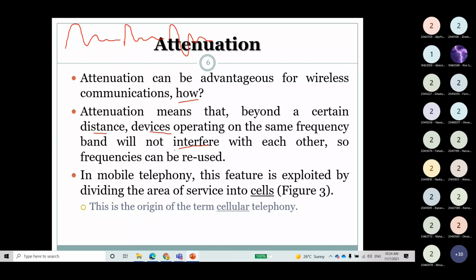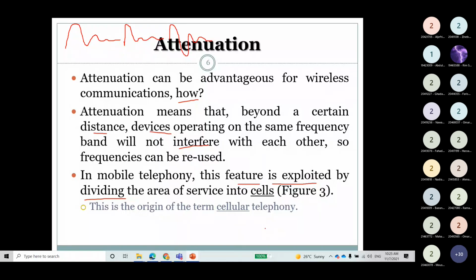In mobile telephony, this feature is exploited by dividing the area of service into cells. This is the origin of the term cellular telephony. Why do we call it cellular telephony? Because the area is divided into cells and each cell works on one frequency, and we can use this frequency again after some distance.